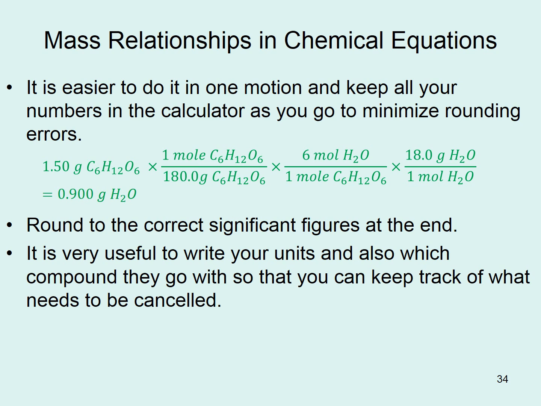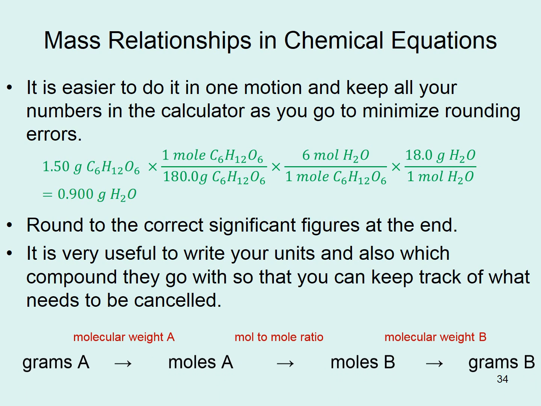So notice in the first step, I've converted from grams to moles of glucose. Then in the second step, I've converted from moles of glucose to moles of water. And then in the third step, I've converted from moles of water to grams of water. If you're careful, keep track of what you're doing and what is canceled, and you'll be more successful.